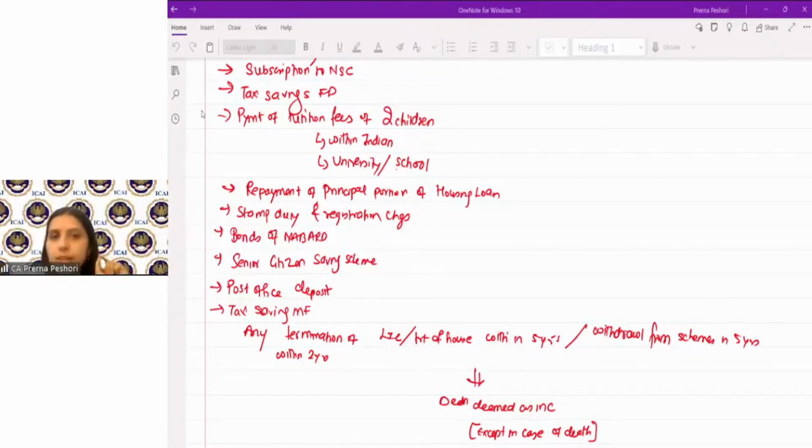Now, understand one thing. CBDT has issued guidelines through a circular.